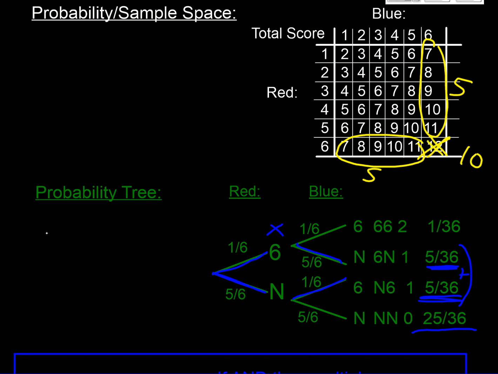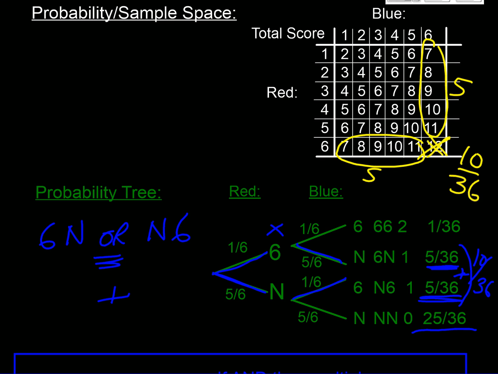Because we could have a 6 and then not a 6, or we can get a not 6 and then a 6, and we're just adding these together. So our 5/36 plus our 5/36 gives us our 10/36, which is what we had up here. There's our 10 here out of 36 options.